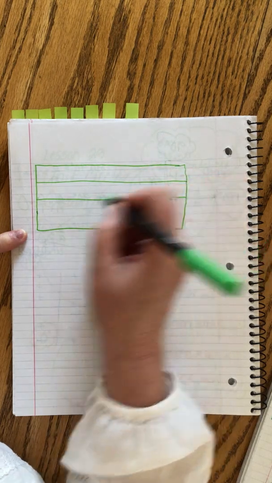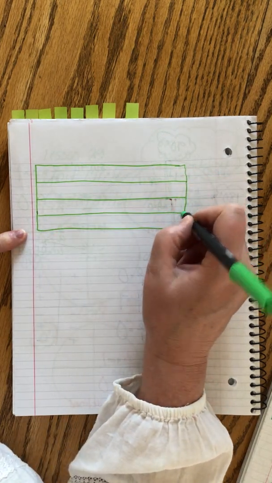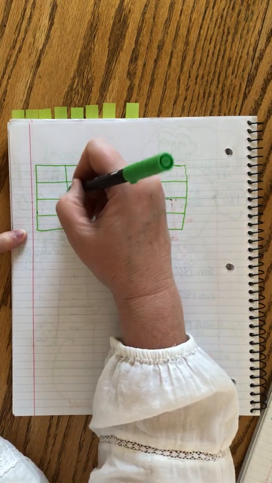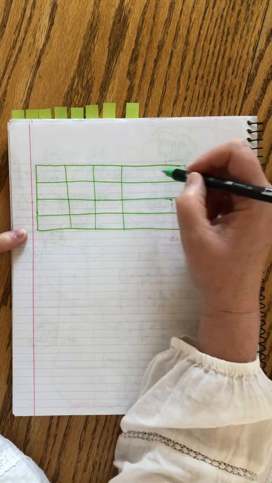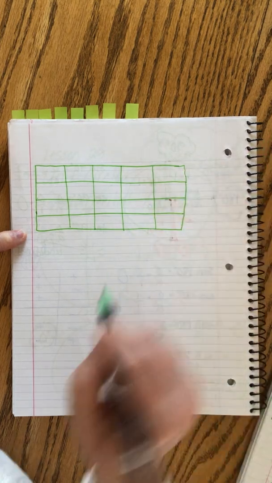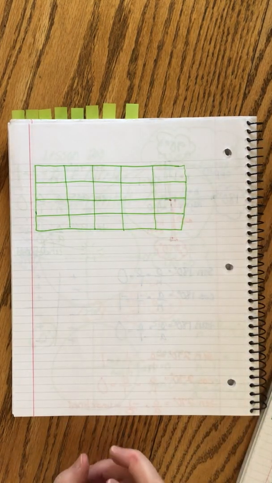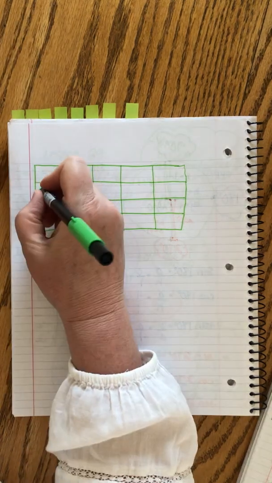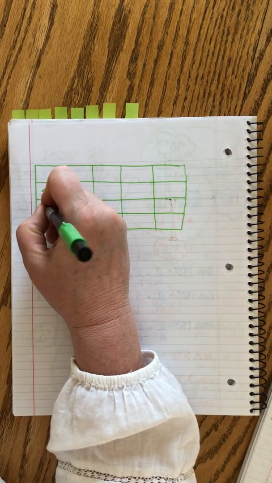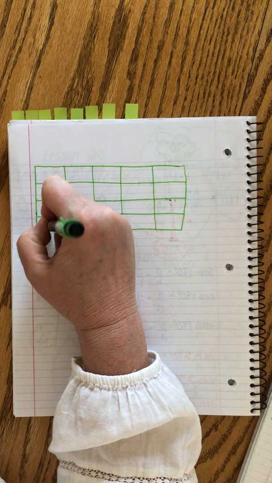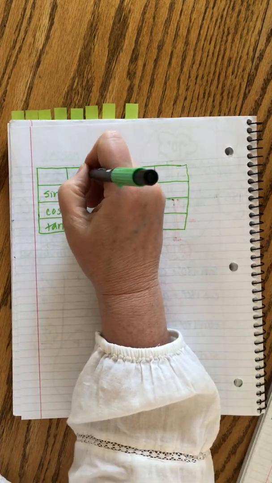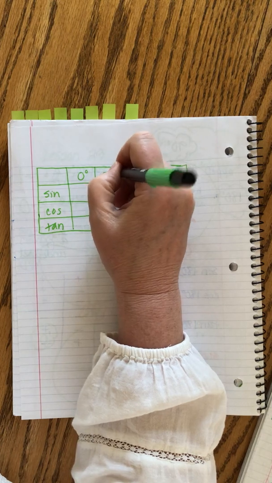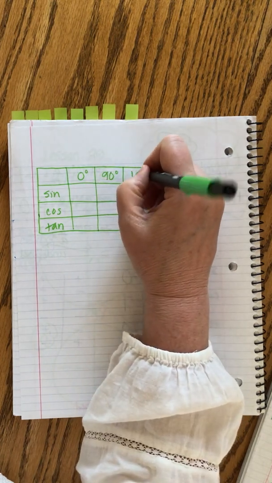We need 4 rows, and we need 5 columns. Okay, 4 by 5. Our rows are called sine, cosine, and tangent. Our degrees, our columns, are the 4 different quadrantal angles.